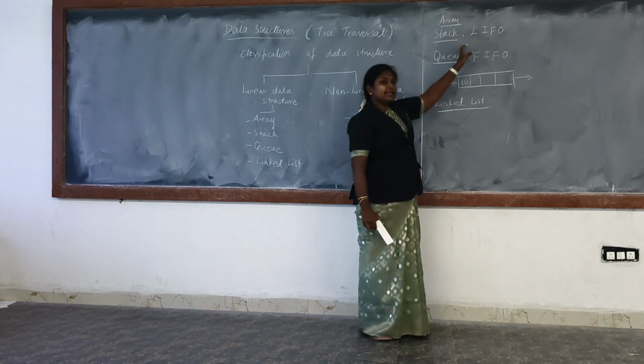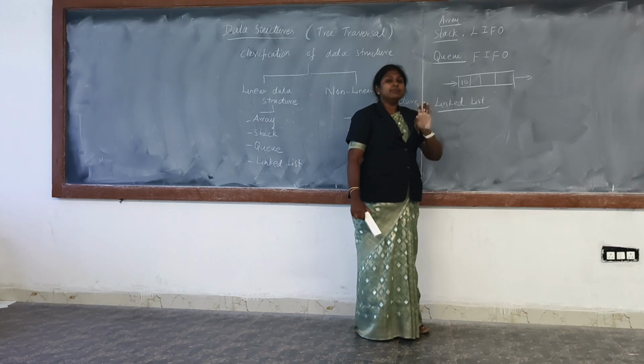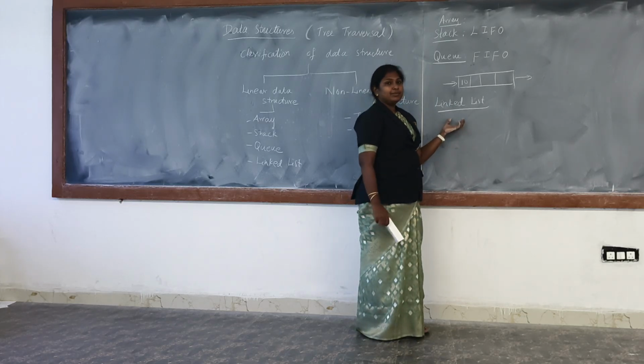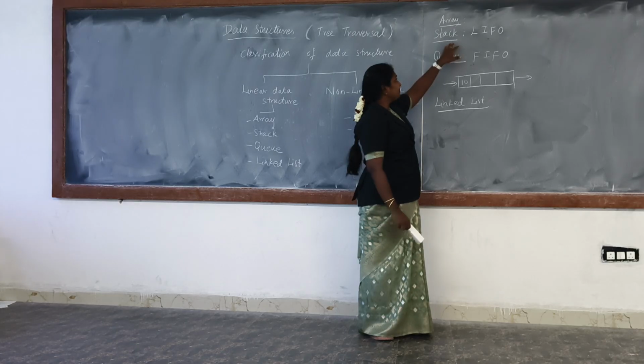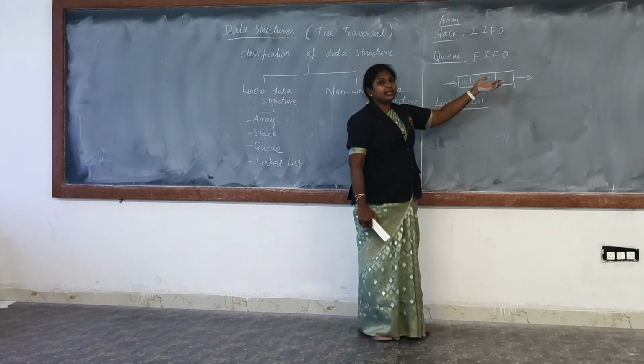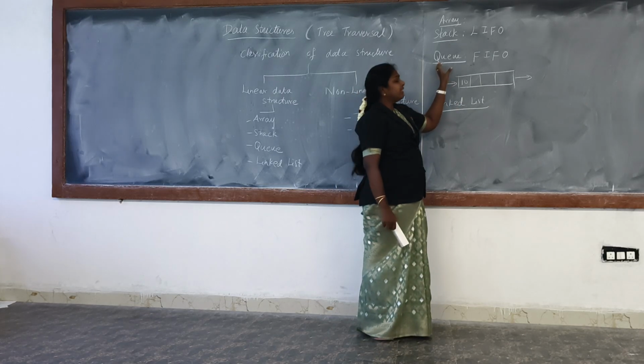In the same way, stack is a concept which can be implemented using an array as well as a linked list. If you want to implement it using an array, you have to specify a stack size beforehand.